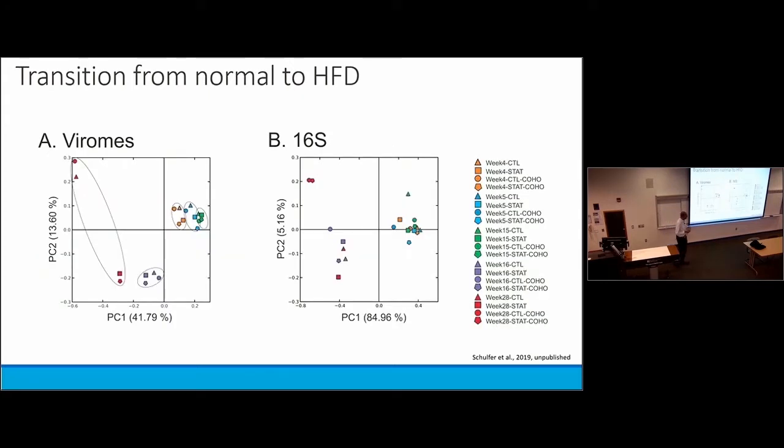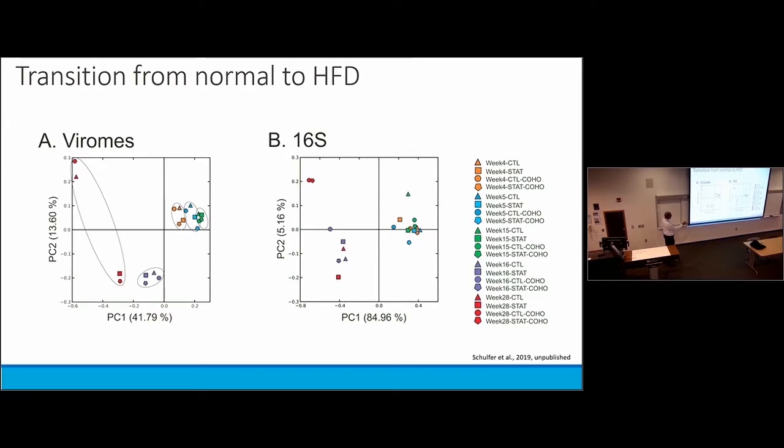And when we look at the beta diversity through principal coordinates analysis of these over time, it's harder to identify the distinction when we're just looking at bacteria through 16S, but with these viromes, you can really tell the time apart and the diet apart quite easily. So these are the mice at week 4. They transition just a week later on the same diet.